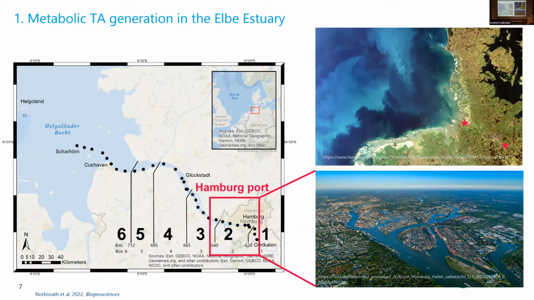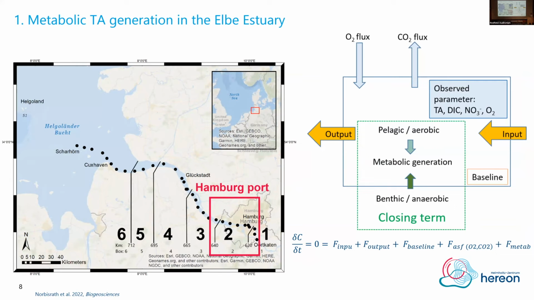In order to identify and quantify metabolic alkalinity generation in the Elbe estuary, we sampled along the estuary and divided the estuary into boxes for a box model calculation. Using this box model approach, we estimated net metabolic alkalinity, DIC, and nitrate fluxes for each of the boxes as the closing term. Therefore, we assumed a steady state in terms of input and output of the box.